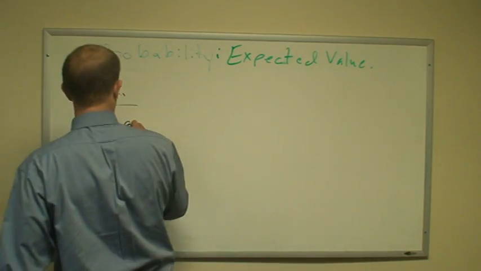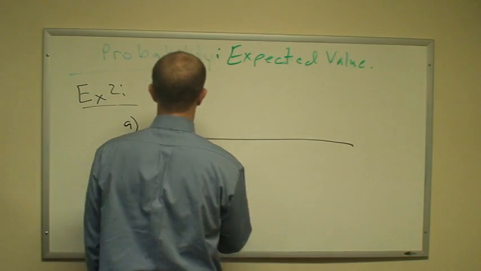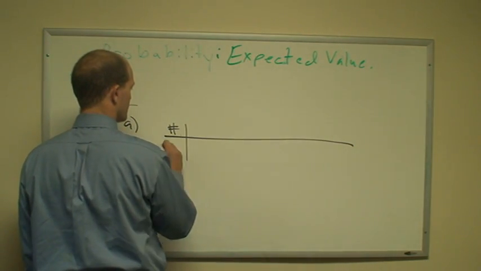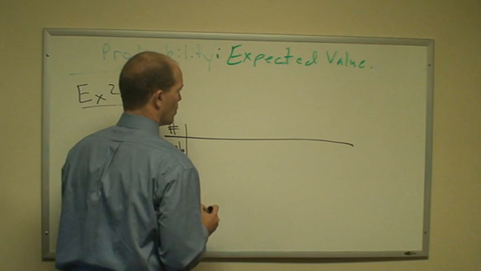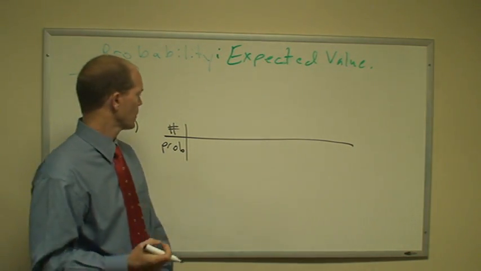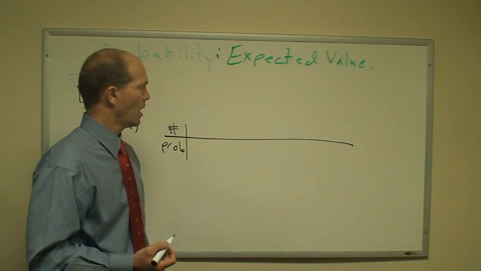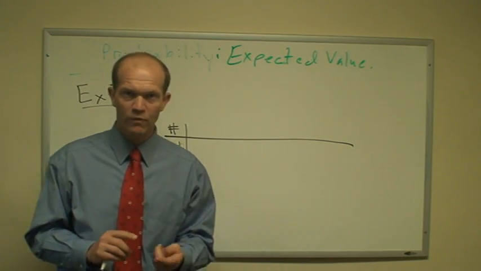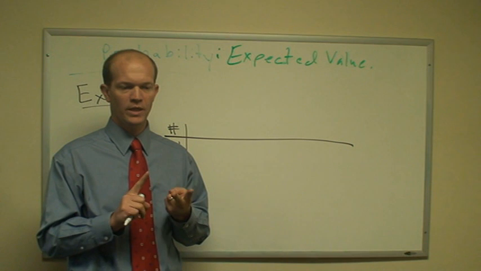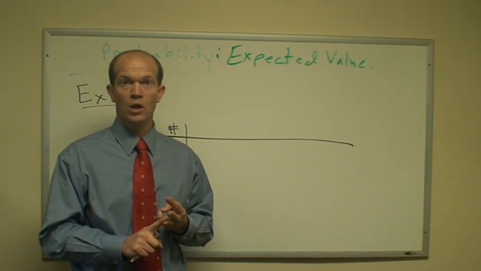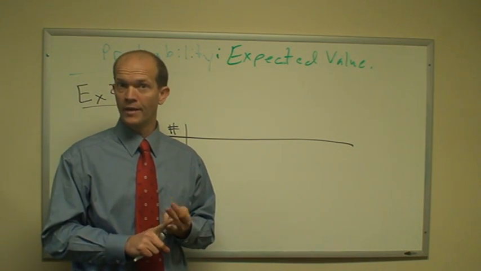So again, as we do with all of these expected value problems, we're going to make a probability distribution chart. Okay, so we need to know the appropriate numbers and the probabilities of those things. But if we look carefully at this, there's really 4 things that can happen. You can win the $1,000 prize, the $50 prize, the $20 prize, or you can lose.